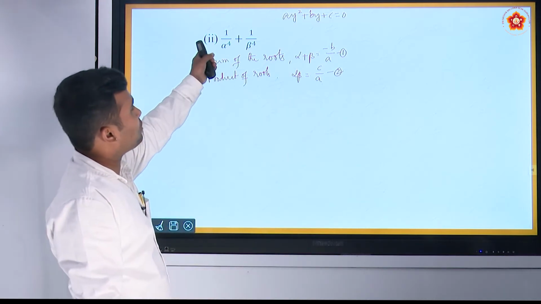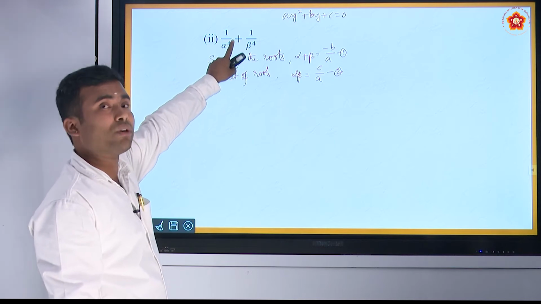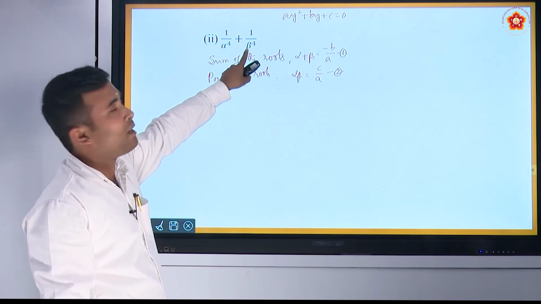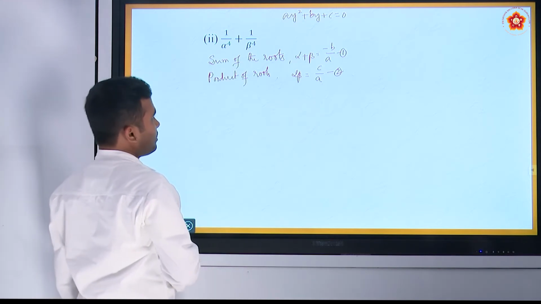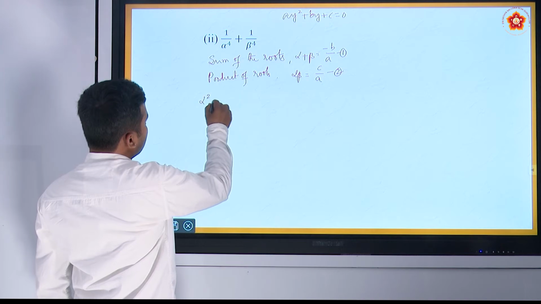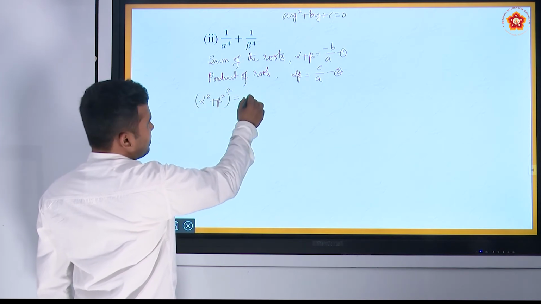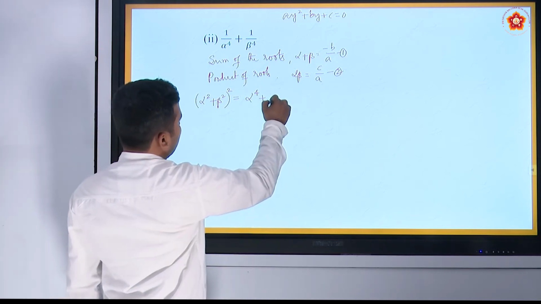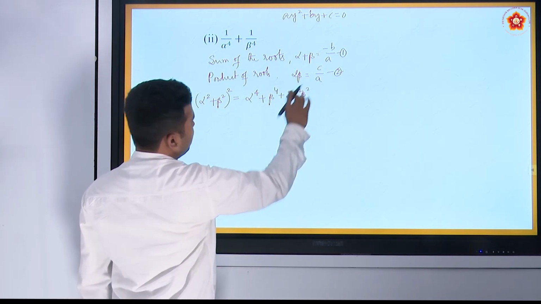See here, in the previous problem we found out 1 by alpha square plus 1 by beta square, but here we have to find 1 by alpha power 4 plus 1 by beta power 4. So how can we do that? Here, I can write alpha square plus beta square whole square as alpha power 4 plus beta power 4 plus 2 alpha square into beta square.